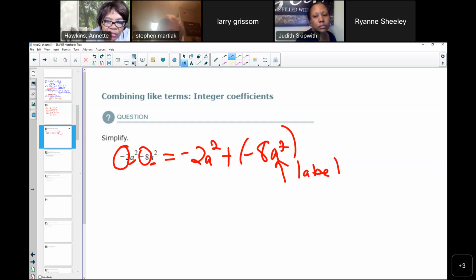This is telling you what you're dealing with. The number in front is telling you how many of those you have. So negative 2 plus negative 8 is a negative 10. Okay. So this is a negative 10a squared.